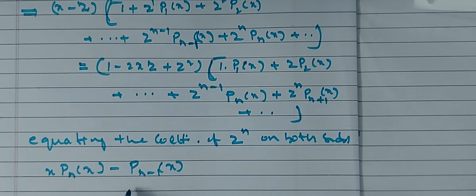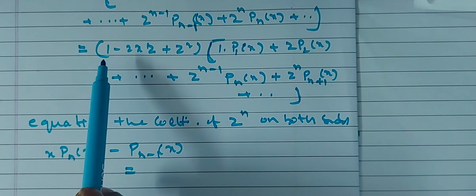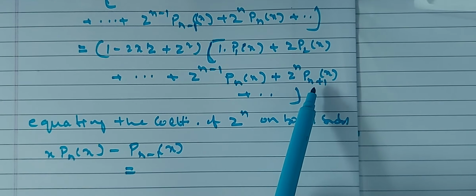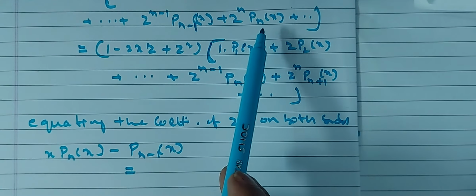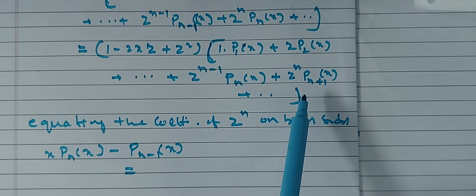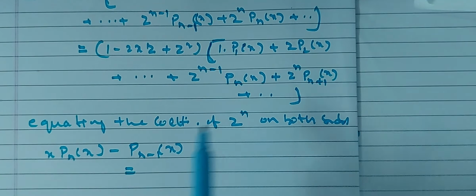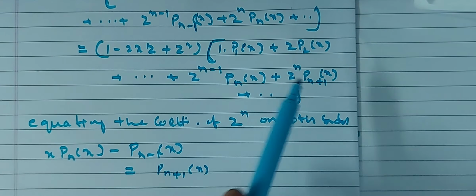Is equal to, the right side: the coefficient of z power n is P n plus 1 of x, because 1 into this term.